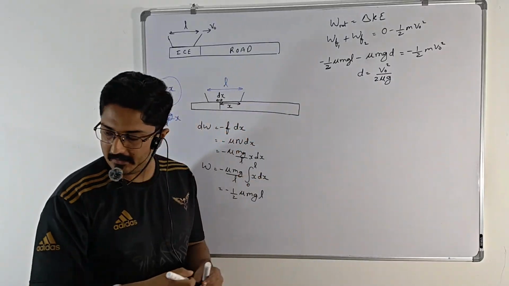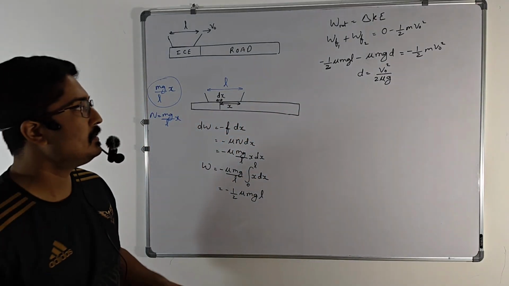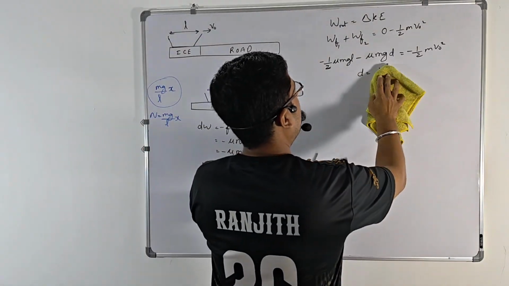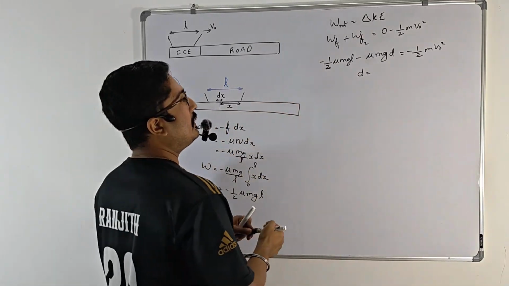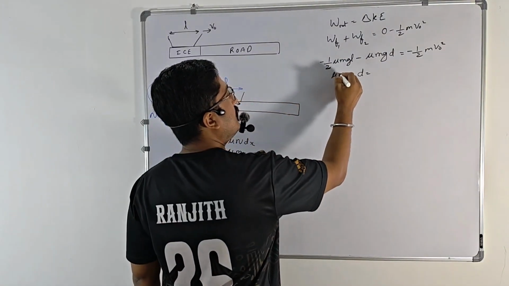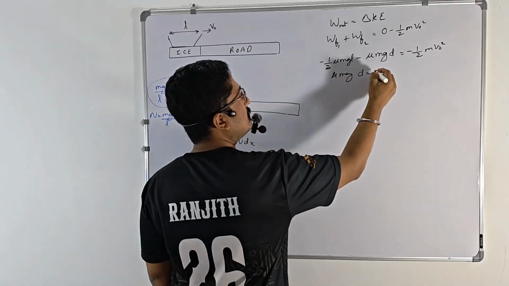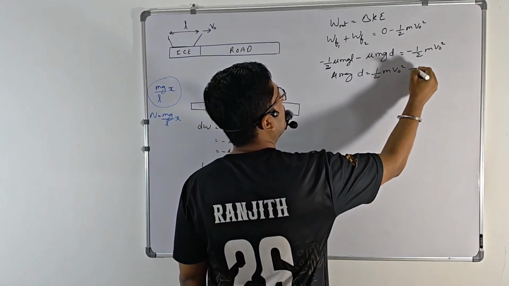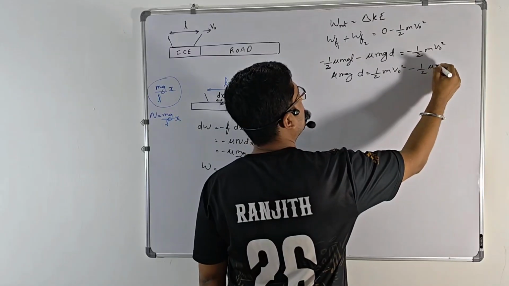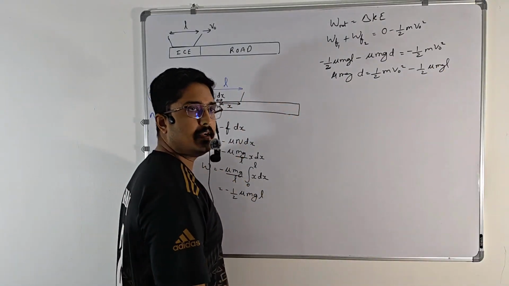Okay, let me not skip the step, because I'm skipping the steps. I may write something wrong here. So let us not skip the step. Directly I can write it as mu mgd is equals to half m v naught square minus half mu mgl. This is what I get.